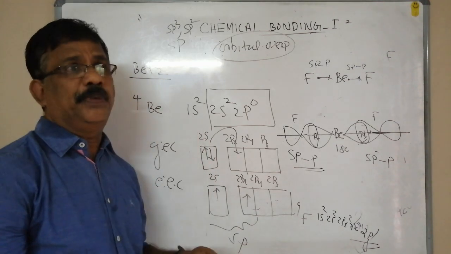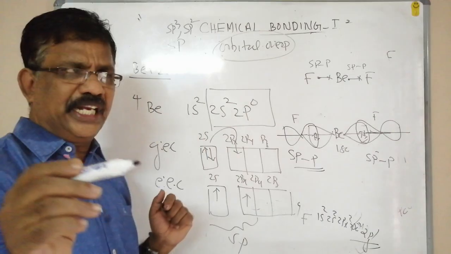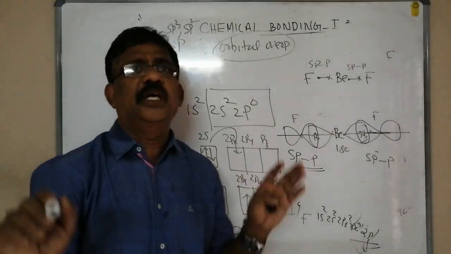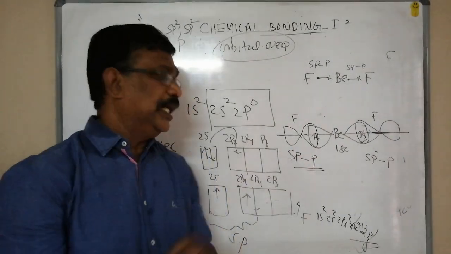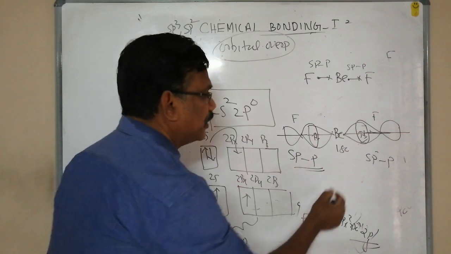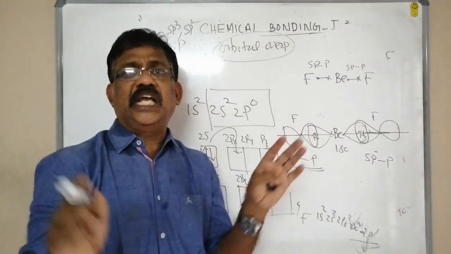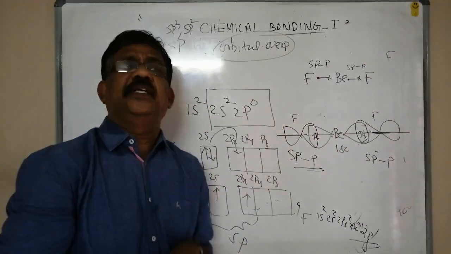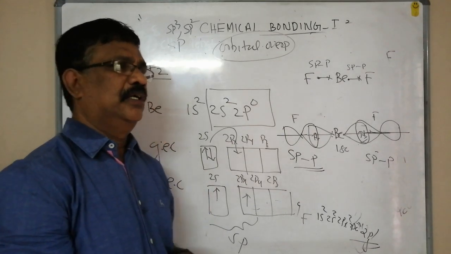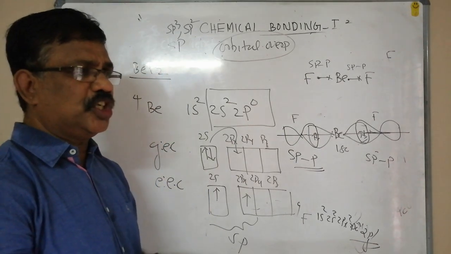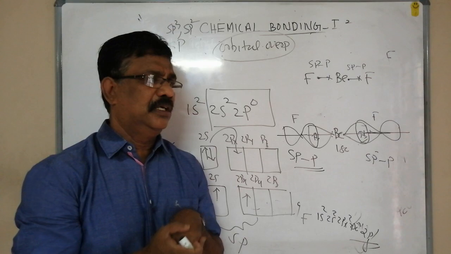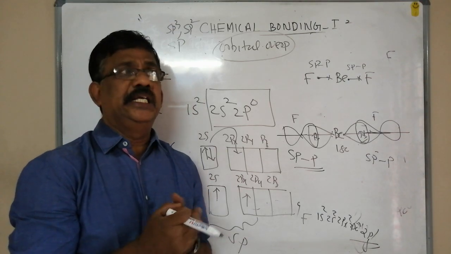One s and one p orbital are involved in intermixing. That hybridization is called sp hybridization. Here two hybrid orbitals are formed, oriented along a straight line with a bond angle of 180 degree. So three hybridizations, three orientations: tetrahedron, equilateral triangle and linear.